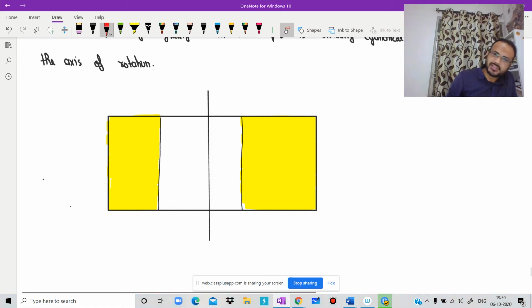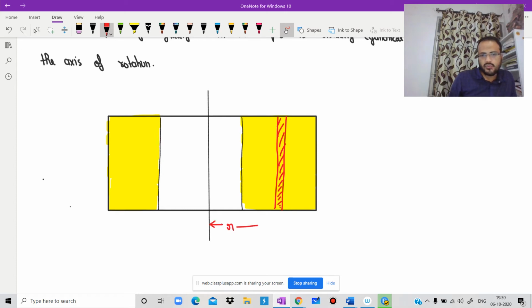Assume a strip of thickness dr. If we have a strip of dr, assume this length is R1 and this is R2, the radial distance.